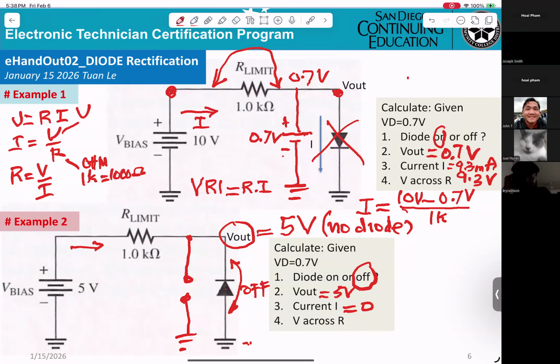Current flows this way, but now it's open here, so current cannot flow.